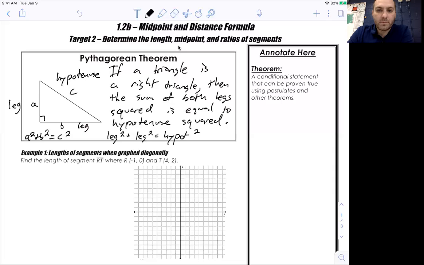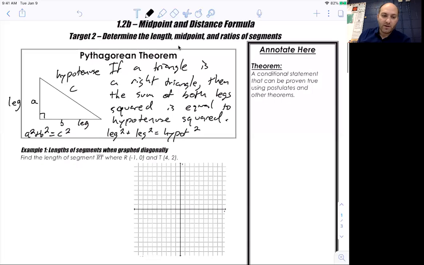What that's going to help us with is thinking about lengths of segments on a coordinate grid. So for example, lengths of segments when graphed diagonally. Find the length of segment RT where R is (-1, 0) and T is (4, 2). If I talk about the length of that, I can recreate a right triangle.